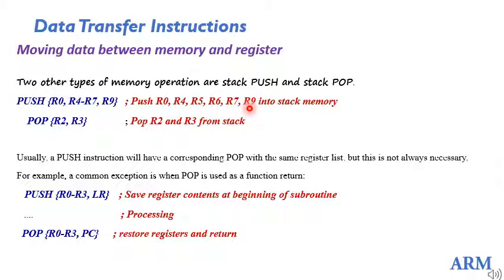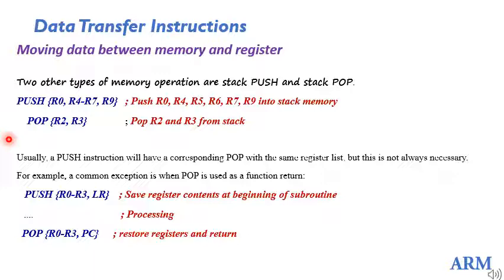As you know, the push operation first causes the stack pointer to be decremented by 4 and then the transfer occurs. We know that the stack pointer will always be pointing to the top of the stack, so whichever is the last filled location in the stack memory, that address will be held in the stack pointer.